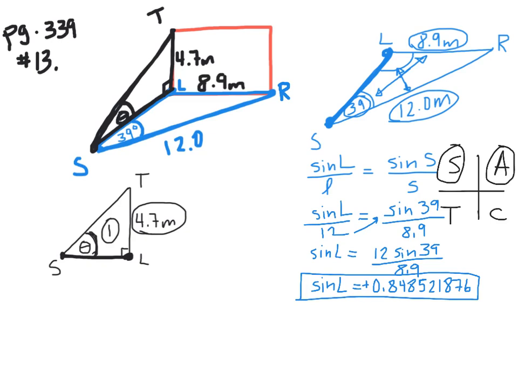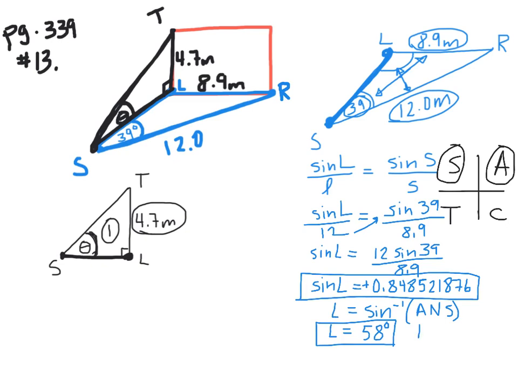So we solve for both answers, and we do the sine inverse of this decimal. I get that L is approximately 58 degrees. Now you shouldn't round this answer, I'm just rounding it so it looks easier, but L is 58 degrees. That's one of the answers.